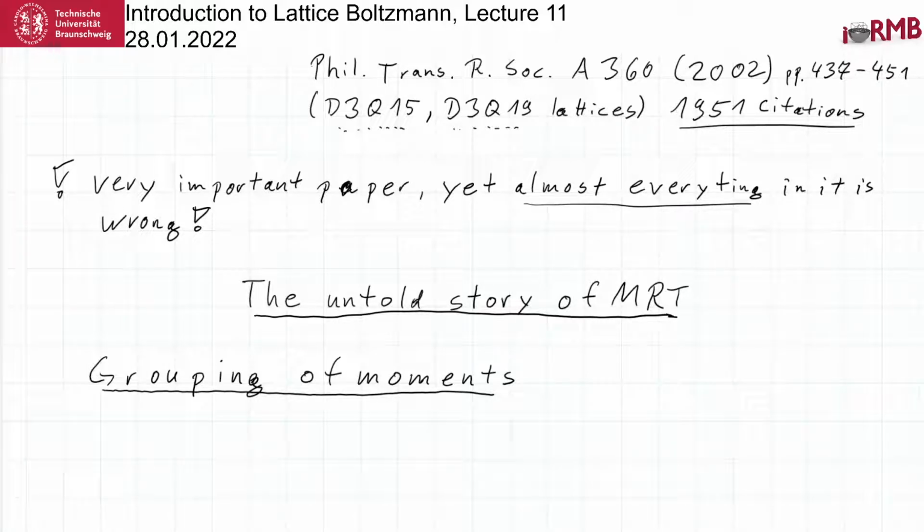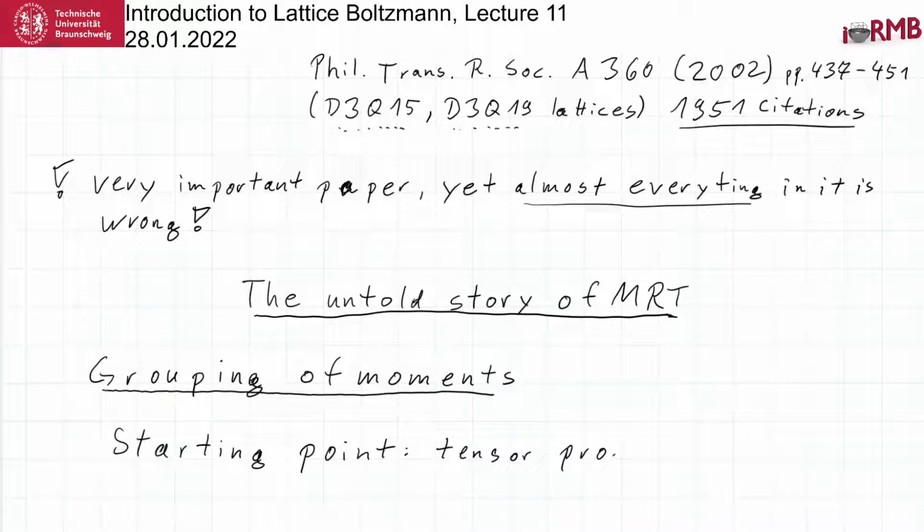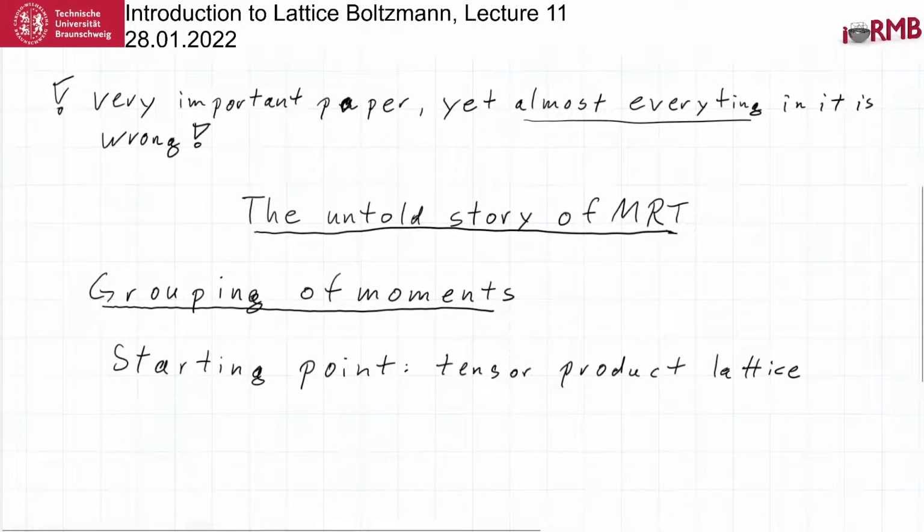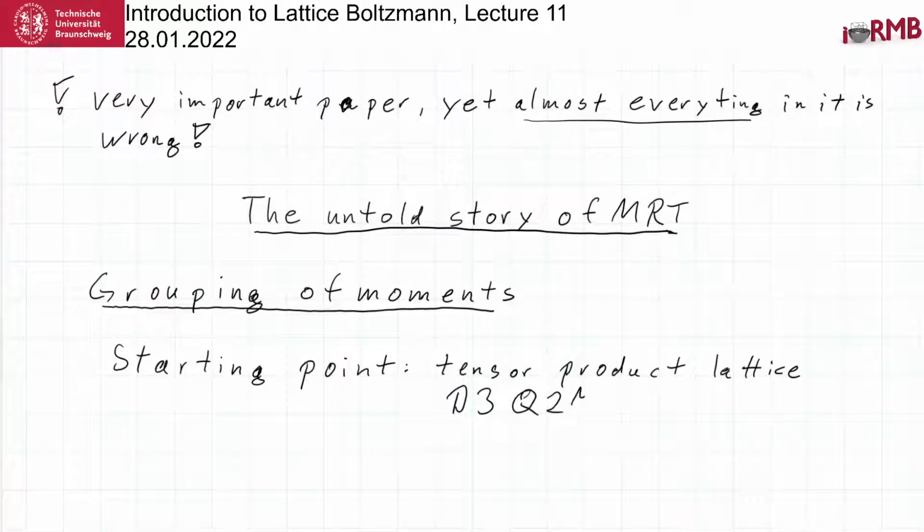And in order to understand this, we start from our favorite lattice, which is not the D3Q19, but the tensor product lattice. The minimal tensor product lattice is the D3Q27 lattice.